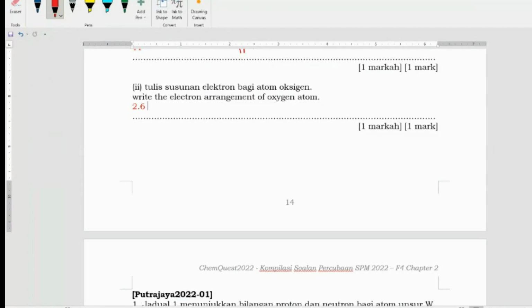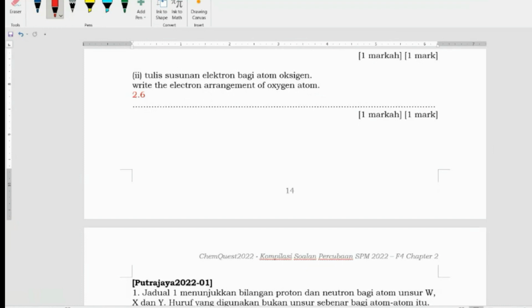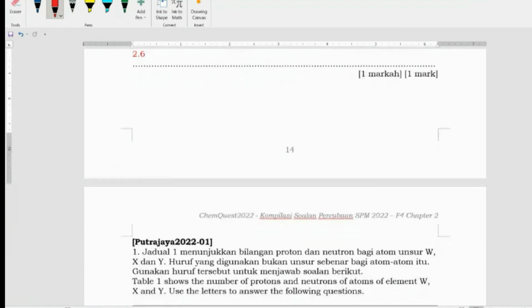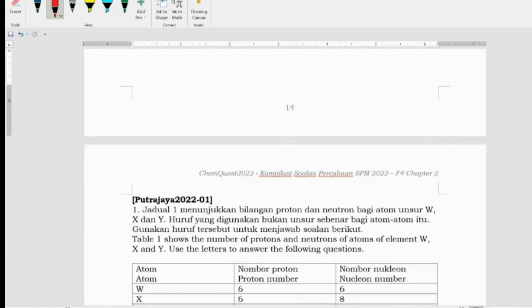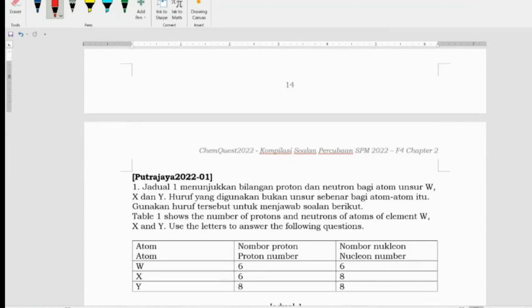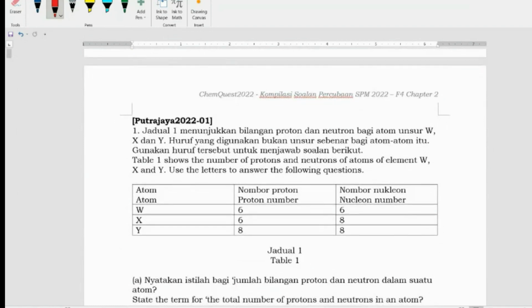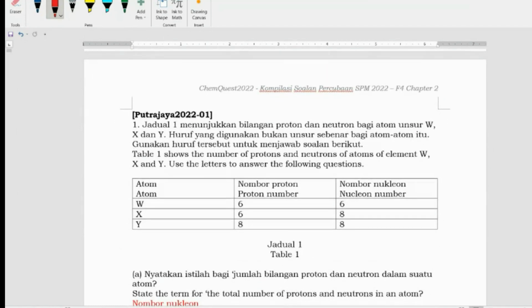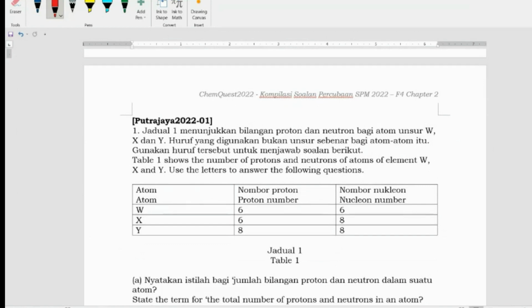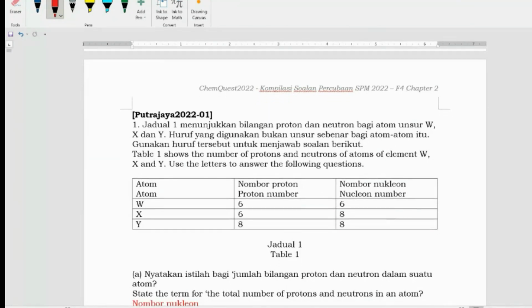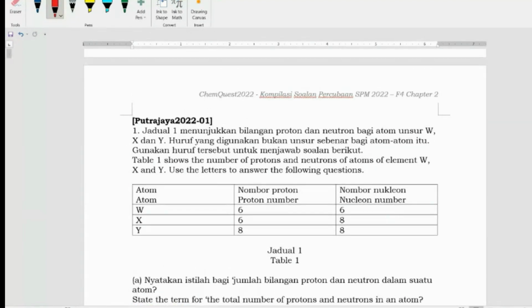Okay, so this is Putrajaya. We see that they are almost the same, right? The questions they ask are almost the same. For the Putrajaya one, Cornelia, can you read question A? State the term for the total number of protons and neutrons in an atom.